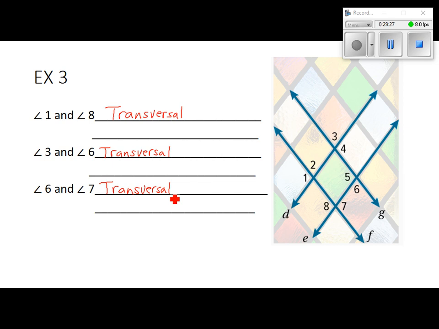So when I'm looking at this, another way that you can do it without redrawing everything every single time. If we're looking at angle 1 and angle 8, what's the transversal that connects those two angles together? Line F. And that's what you want to write right here.